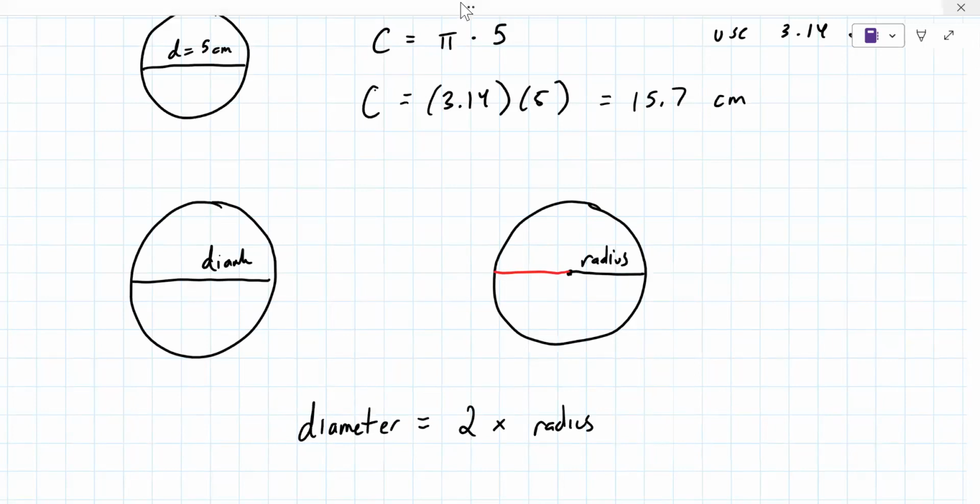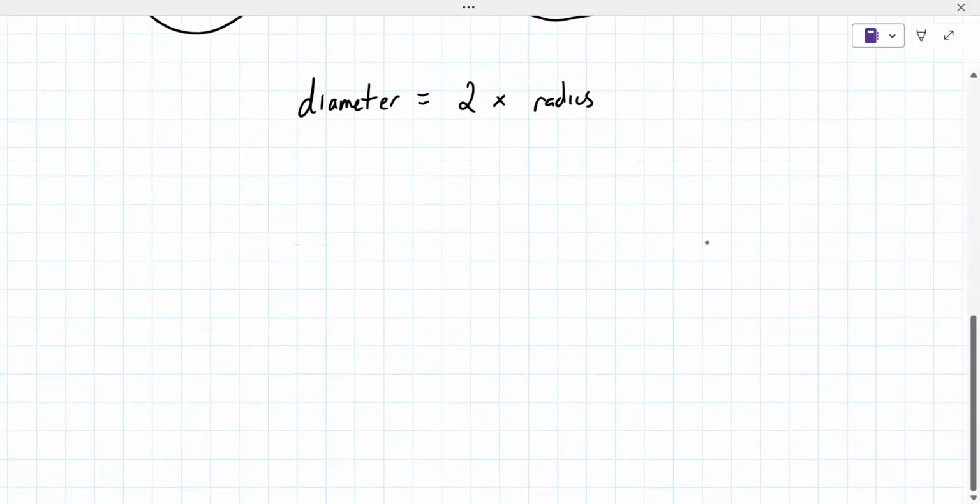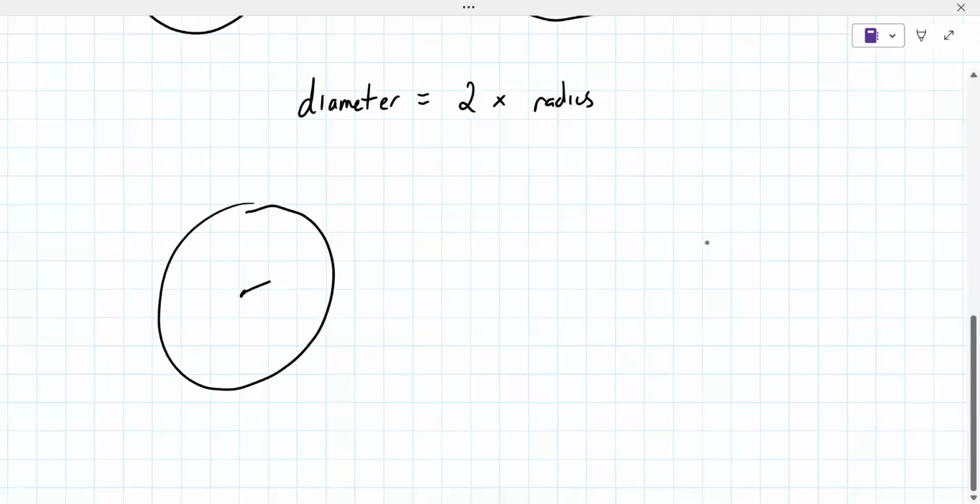We'll do a few examples to make this clear. Let's assume I give you a circle and tell you that the radius is equal to 7 inches.